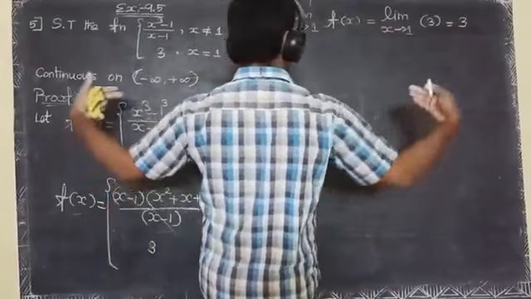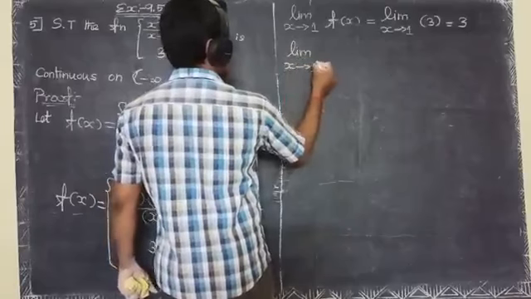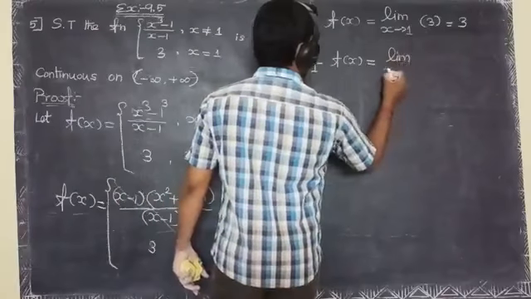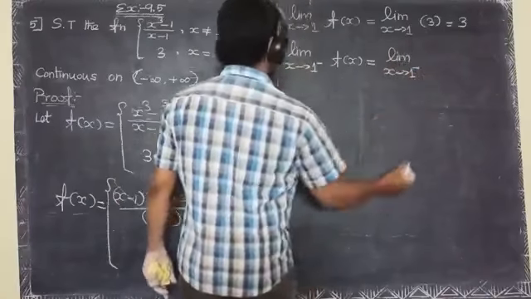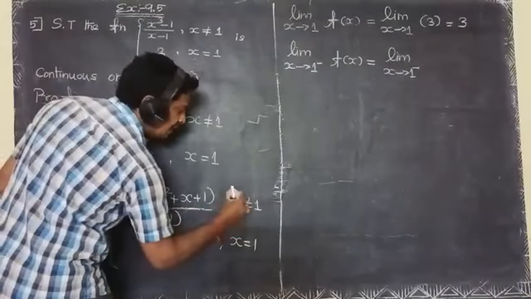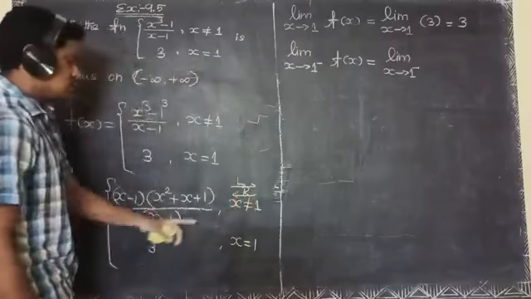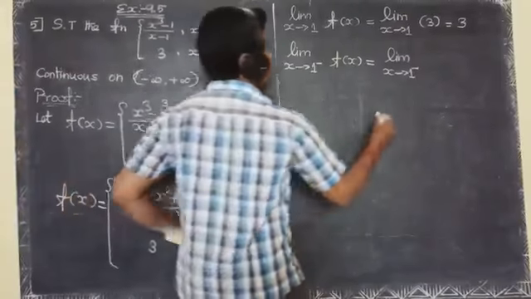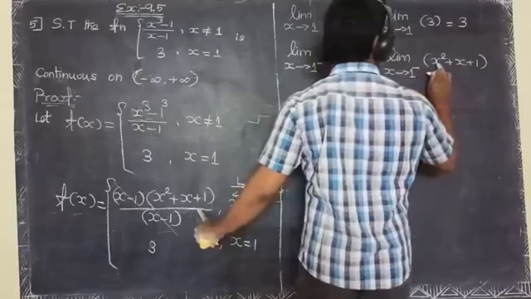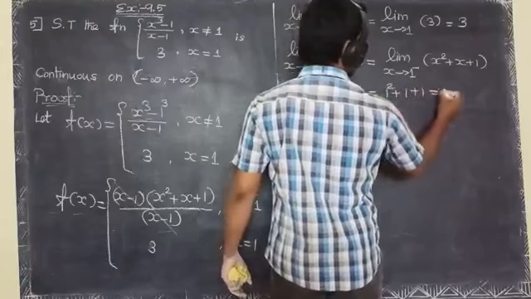To find the left-end limit, x approaches 1 minus of f of x, choosing the function x square plus x plus 1. Replace x equal to 1, that is 1 square is 1 plus 1 plus 1, which is equal to 3.